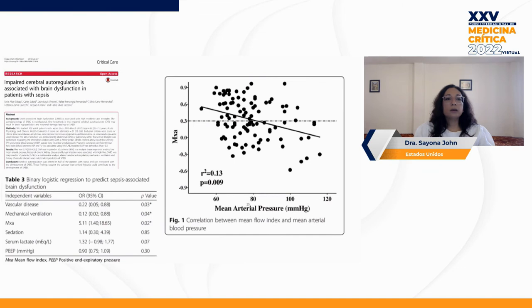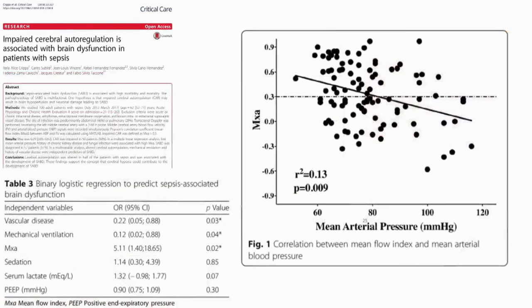And then we have this article that talks about cerebral autoregulation and the fact that in patients who have sepsis, brain dysfunction could be related to alteration in cerebral autoregulation. And when I say cerebral autoregulation, we're talking about the ability of the cerebral vasculature to affect the blood flow to the brain.